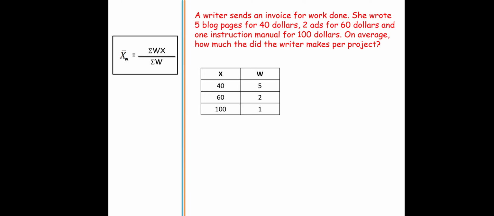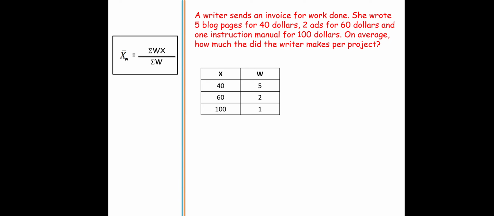X is for the amount: 40, 60, 100. And W is the work, the weight. So she is getting $40 for doing 5 projects, $60 for doing 2 projects, and $100 for one project. Now you can see in this formula, x bar W equals summation of Wx.